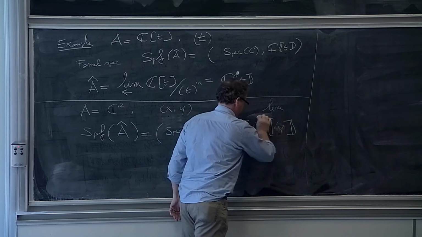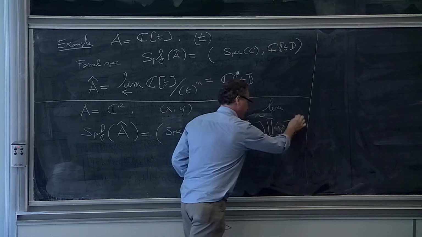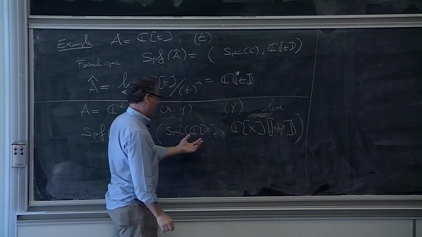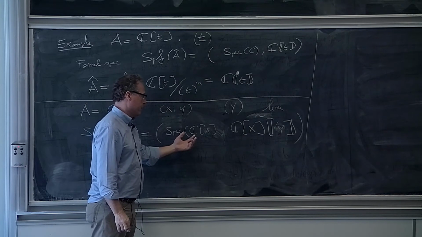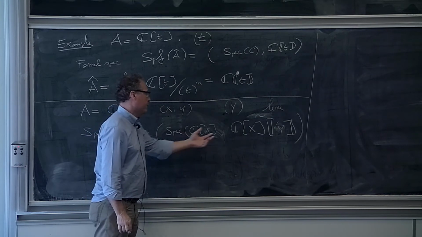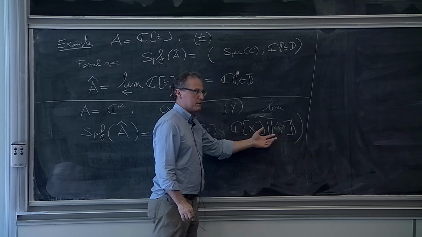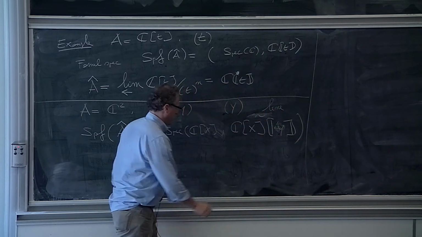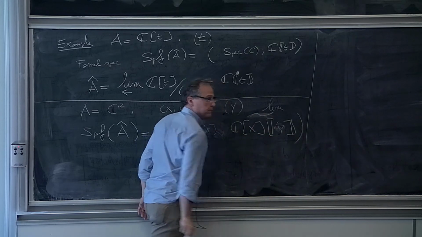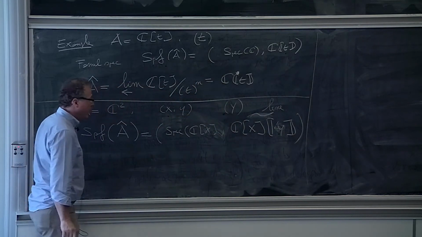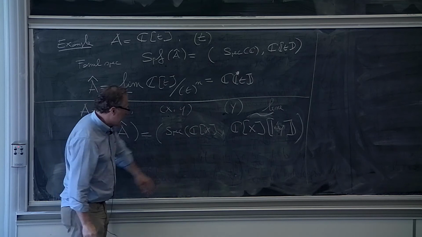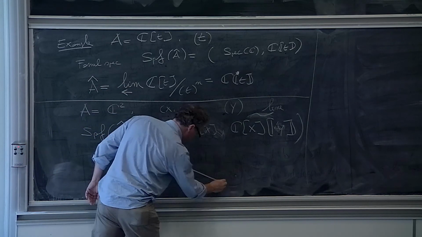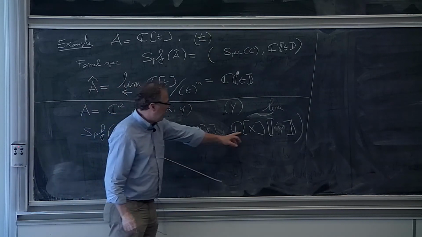This is a ring, and this is the global sections of the sheaf. So how can you imagine this? This will be a line, but with a function.